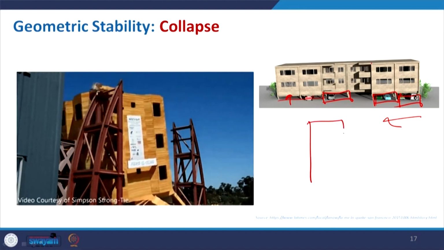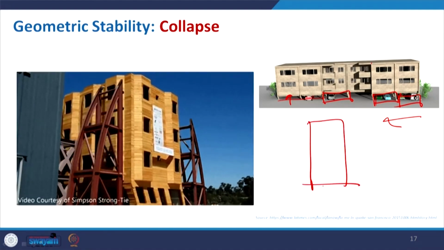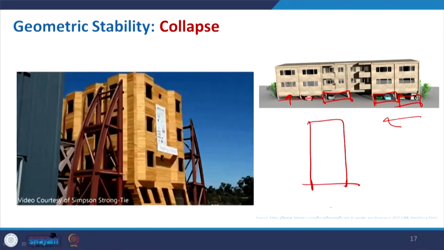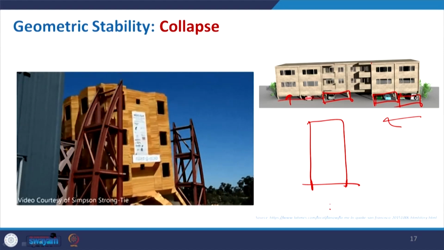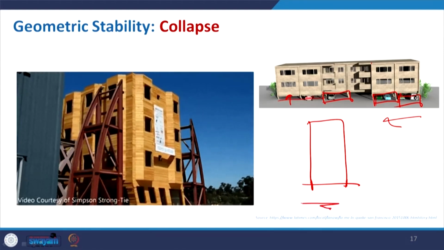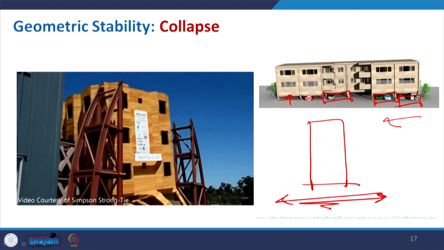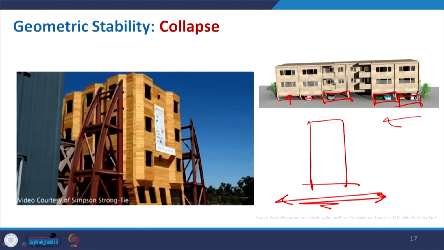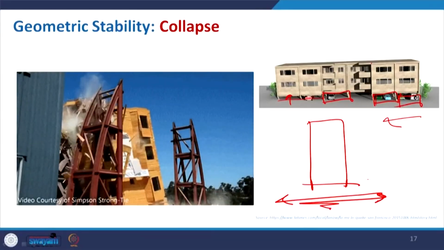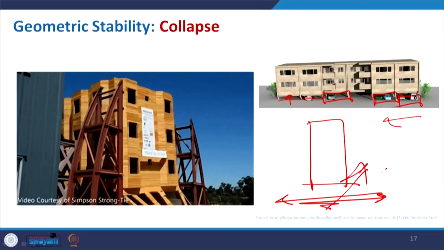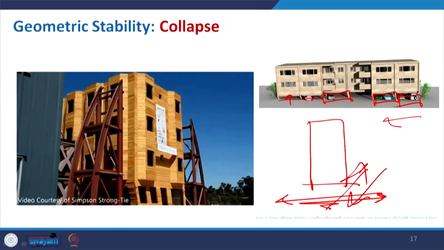So, what exactly happens during an earthquake? The motion is created underground at the epicenter, and first it goes in this direction, the next moment in this direction, and it takes much less time than the time I have taken to say this. So, within a fraction of a second it will move in different x and y directions, and it may even go in the longitudinal and lateral direction.